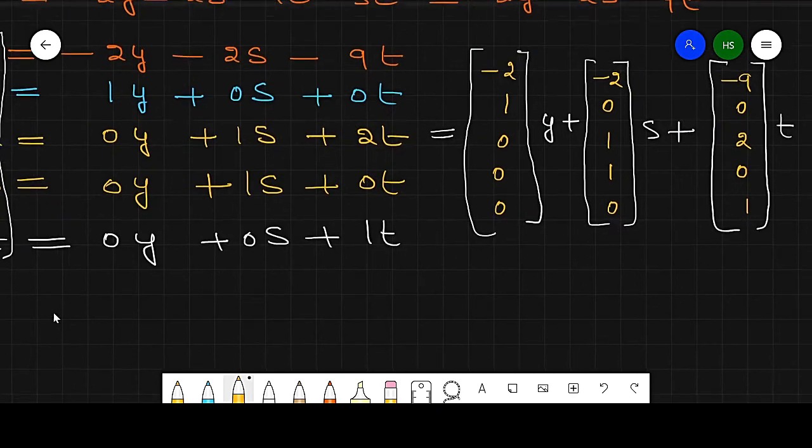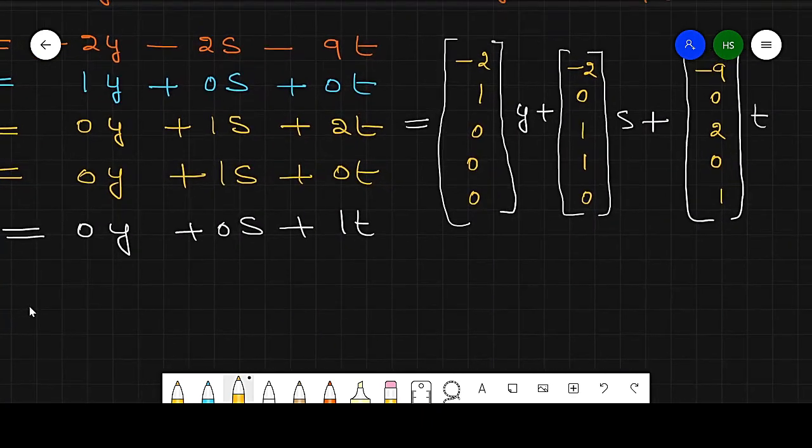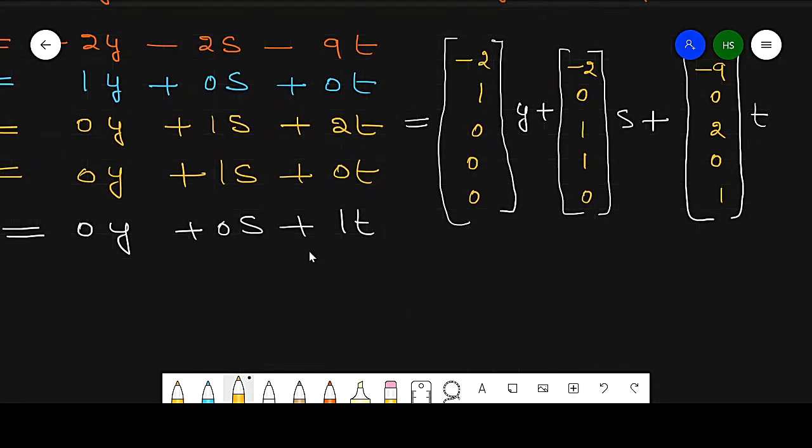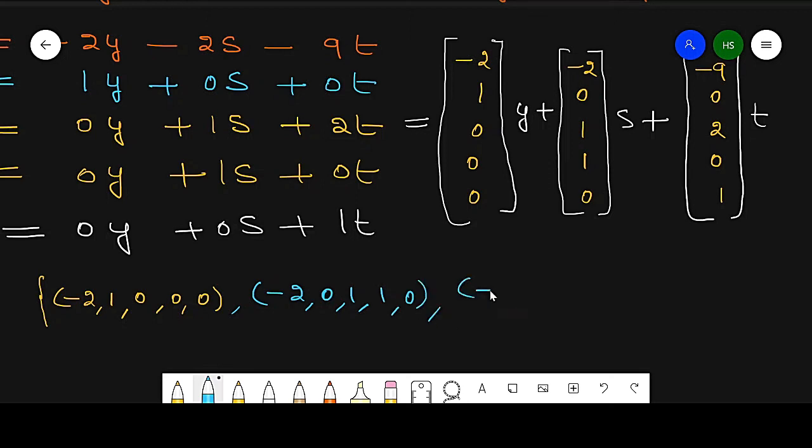It means these three vectors are the basis of the solution space. The first vector is minus 2, 1, 0, 0, 0, the second vector is minus 2, 0, 1, 1, 0, and the third vector is minus 9, 0, 2, 0, 1.